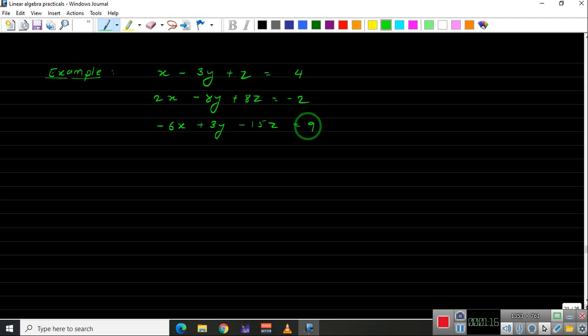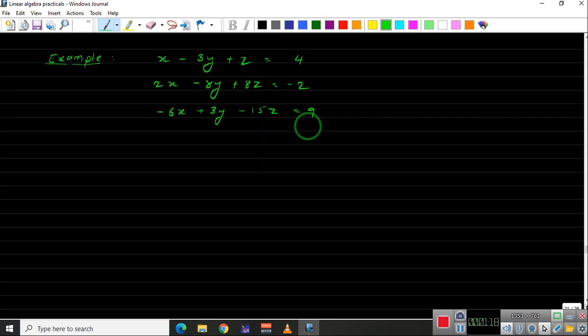All the steps, how to write this, we have already written in the last example. You can check the procedure. The aim of this video is to show you when we get infinitely many solutions and no solutions, so let me skip some of the steps. This system can be written in augmented matrix form.